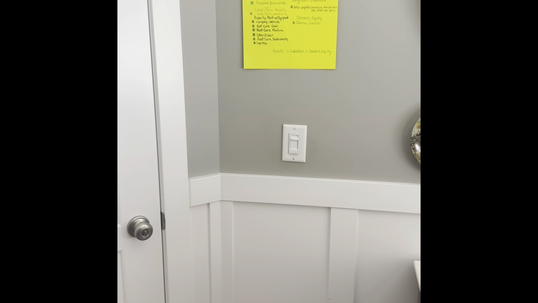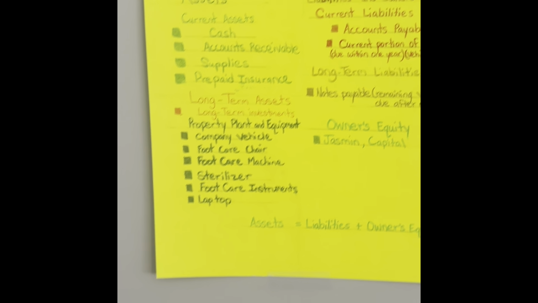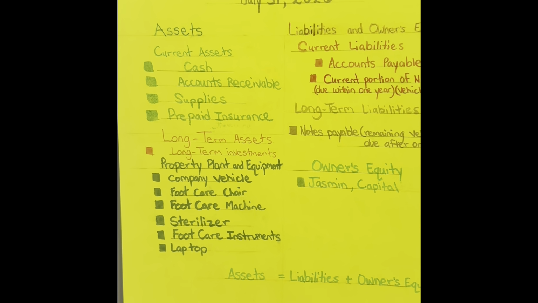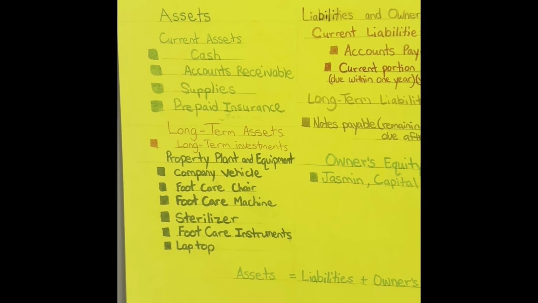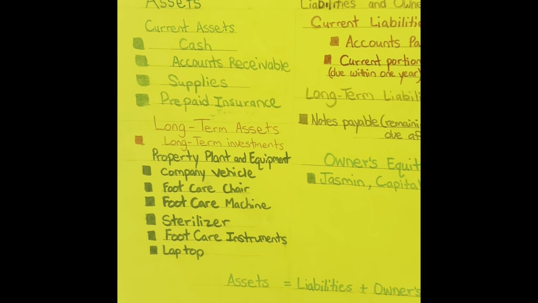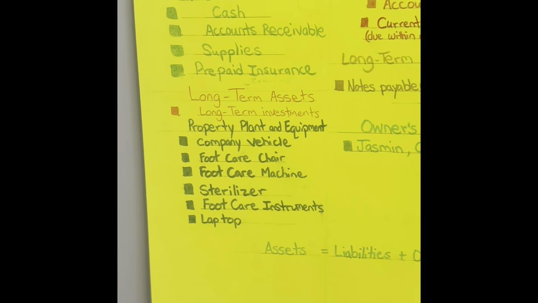So let's get started. When it comes to building a classified balance sheet, we start with assets and we break it down into current assets. Of course, there's cash. Cash is money my business has available to pay expenses and keep the clinic operating.